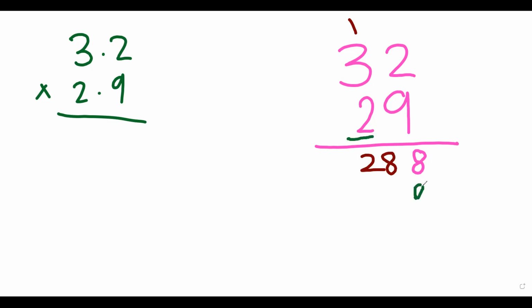You will add 0 down. 2 times 2, 4. And 2 times 3, 6. Then what do you have to do next? Add them. Then 8 plus 0, 8. Then 4 plus 3, 4 plus 8, 12. 2 plus 6, 8 plus 1, 9.